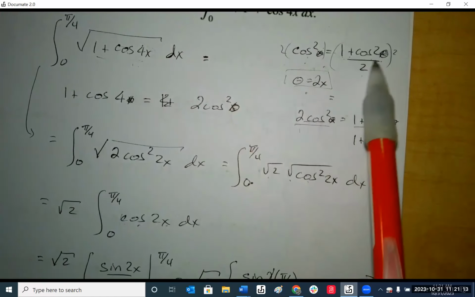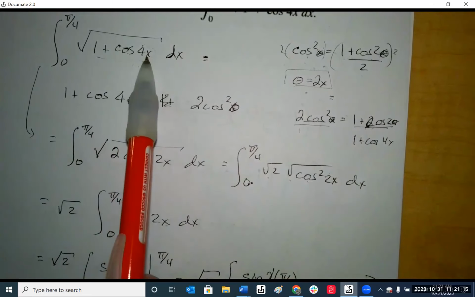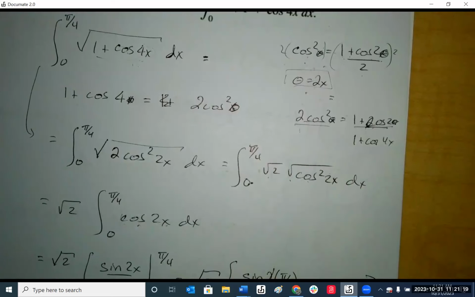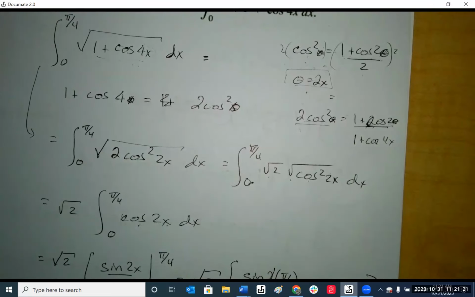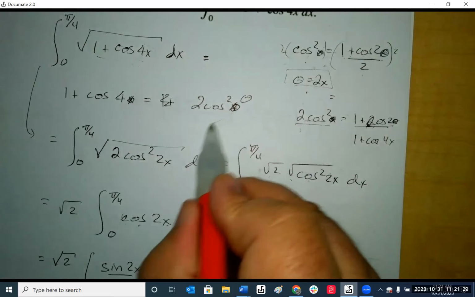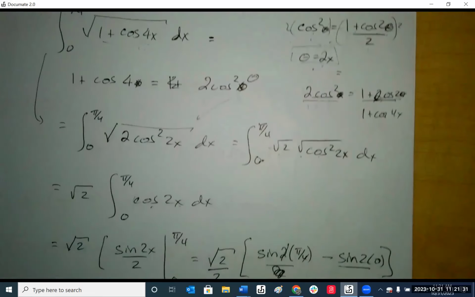If we say theta is 2x, then we have 1 plus cosine 4x, which makes it 2x. That's theta. And when we put it back in there, it becomes 2x.